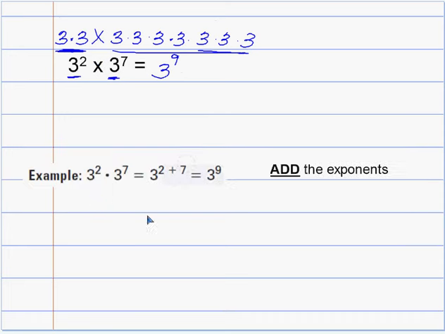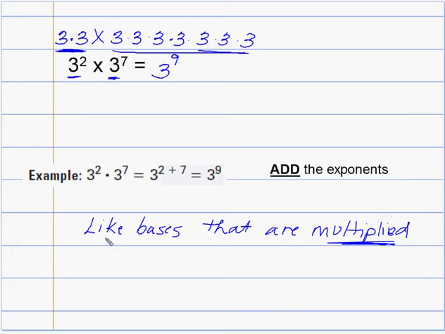But the trick here is that if you have like bases, so if your bases are the same, and they are multiplied, then you add the exponents. Okay, so we had multiplication, we had like bases, so we can add the exponents.